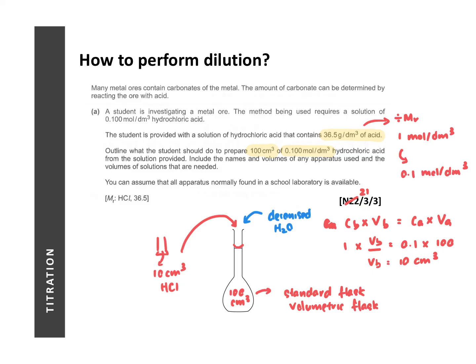That means that we have diluted the 10 centimeter cube of acid all the way to 100 centimeter cube. The standard flask usually comes with a cap as well, so we'll cap it and give the flask a few good shakes in order to get a solution of uniform concentration.